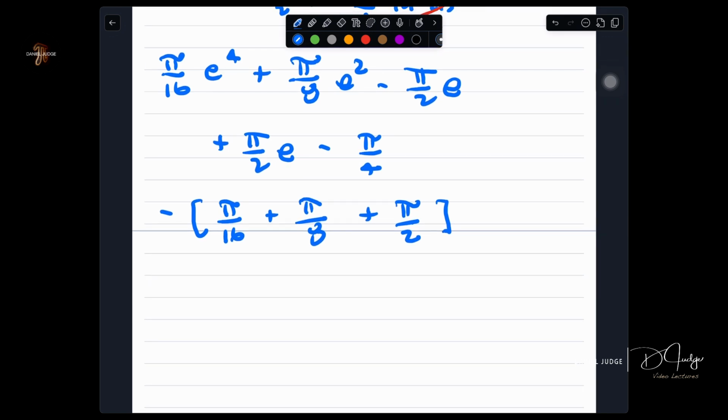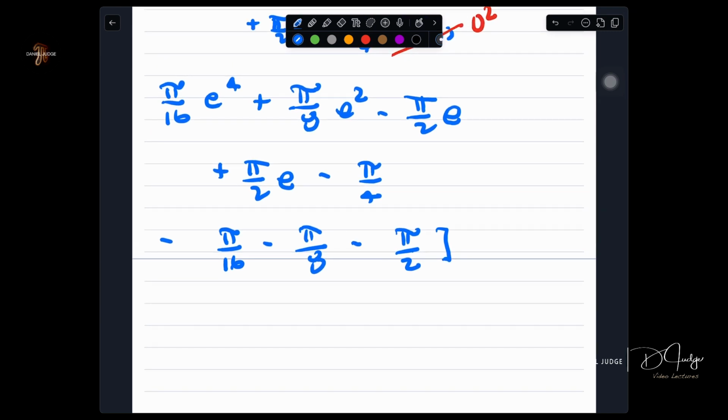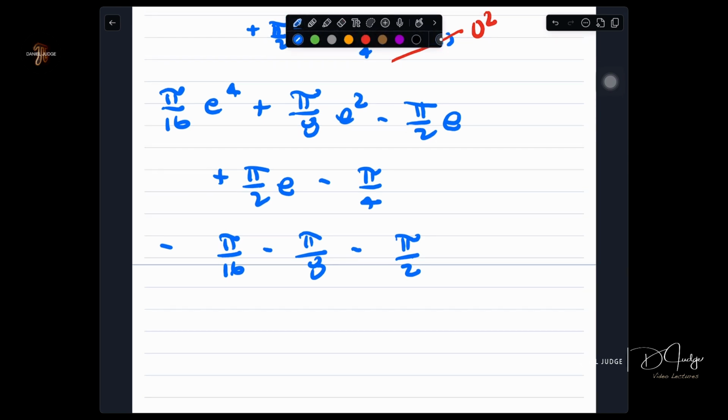Now, I can distribute the negative sign here so that each one of these is going to be negative. Okay? So we just distributed that negative. The terms that we can actually do arithmetic for now: well, first of all, let's just notice here this goes away.